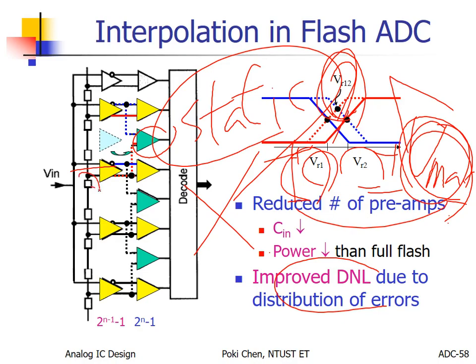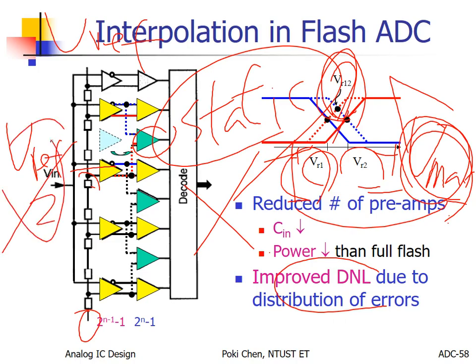So how to solve the problem? For example, with 0 and V reference, you need the help of V reference by 2, the ideal 50% of the V reference, and connect the ideal voltage source to the midpoint.